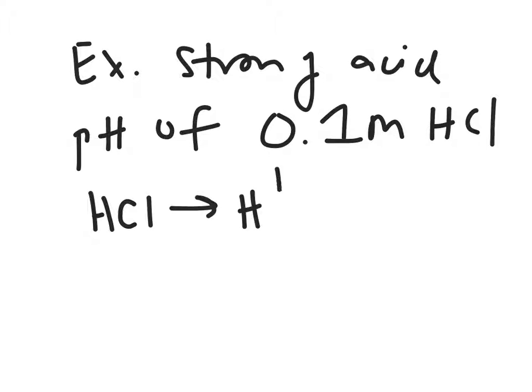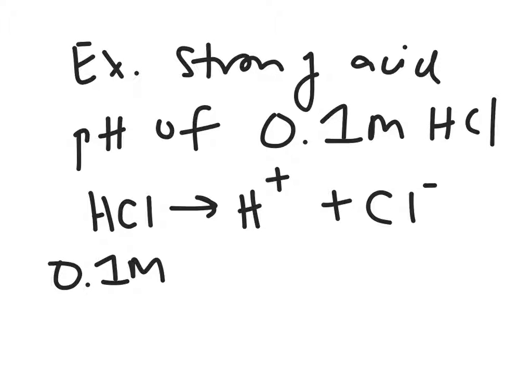It completely ionizes into H plus and Cl minus. So all of the 0.1 molar HCl that we started with, since it's a 1-to-1 ratio, there's 1 H plus for every 1 HCl that we have, we know that the concentration of H plus that gets produced when the HCl ionizes is also 0.1 molar, as is the concentration of the chloride anion.